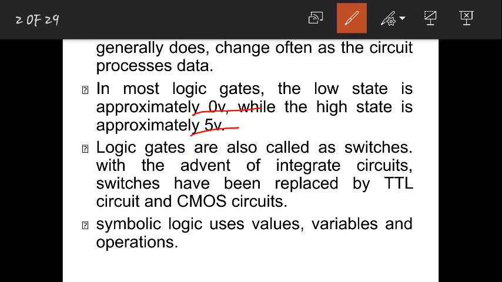So whenever you have a logic 0 or low input, the voltage level can be considered nearly 0. It can't be exactly 0; it depends on the TTL and CMOS circuits, which have different voltage levels. So we say it is nearly 0 for low, and for binary 1, the high, the voltage level is approximately 5 volts.